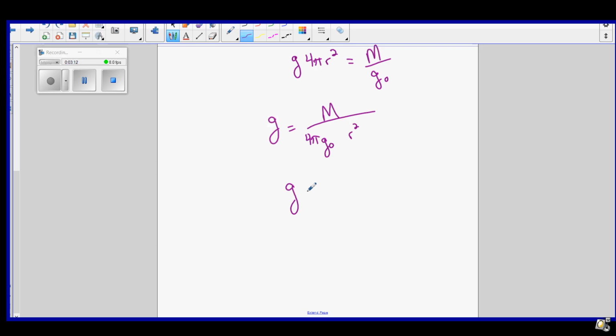So I'll go ahead and call 1 over 4 pi epsilon naught, let's call that capital G, the universal gravitational constant. So the gravitational field outside of a planet is just GM over r squared. No big surprise there. We've been using that for quite some time, right? G times the mass of the planet divided by how far you are from the center of the planet squared. So that's our little g.